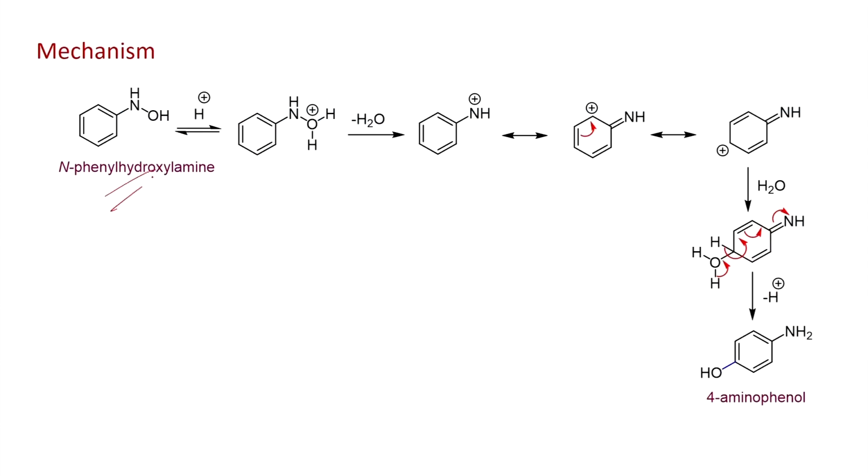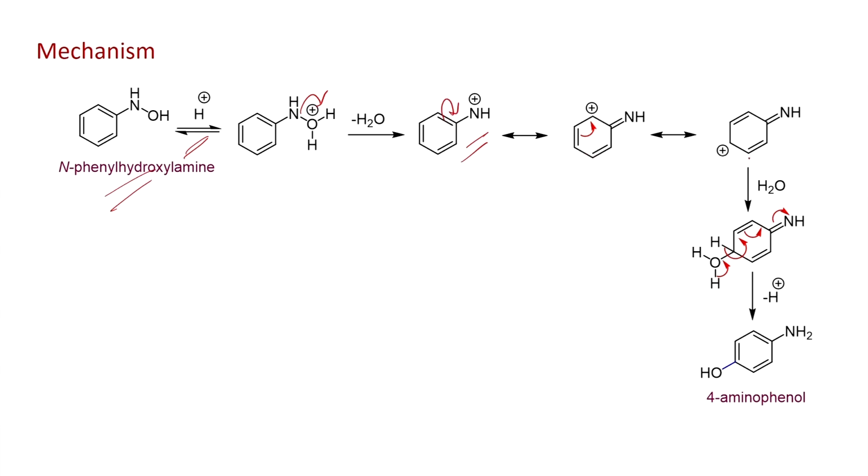Suppose you have, for example, this phenyl hydroxylamine, when you treat with the acid you will protonate, and once you protonate, then you lose a water molecule and you will be able to have this intermediate, for which you can write the resonance structure, so you will be able to have this carbocation.